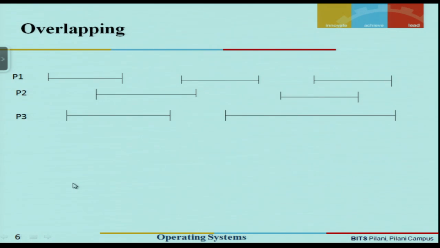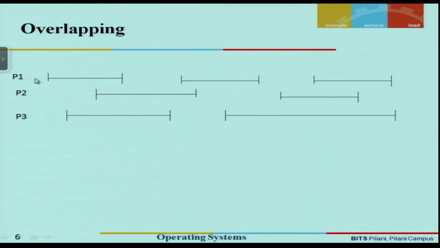Let us look at the concept of overlapping. This concept is applicable for the case where you have multiple processors. Since we have multiple processors, processes can start simultaneously in parallel. The diagram indicates that we are assuming here that we have three processors and three processes.